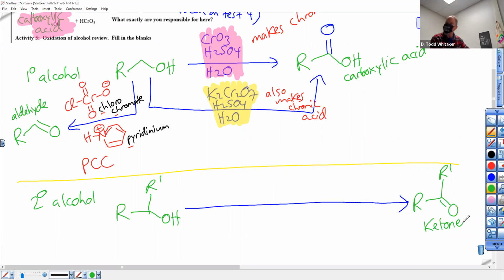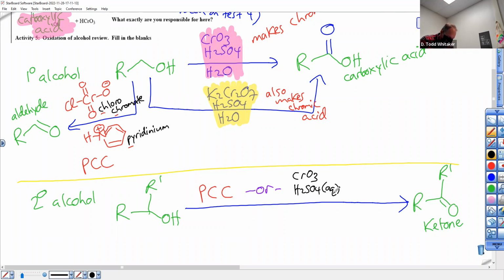There are 3 chromiums on this page. I'm going to copy them all. Instead of all the red stuff, I'm just going to write PCC. Or purple. I already had purple. CrO3 and H2SO4 aq. Is it clear that's the same as what's in the pink highlighter?